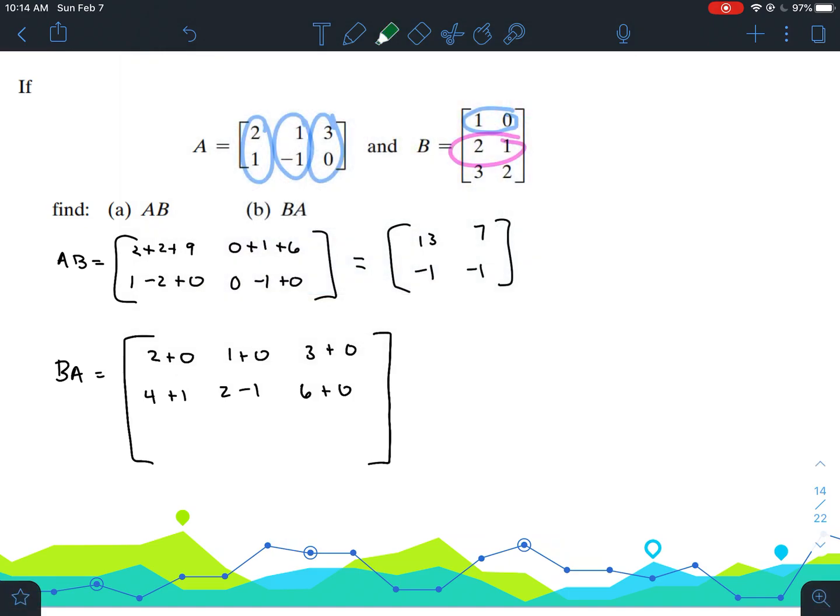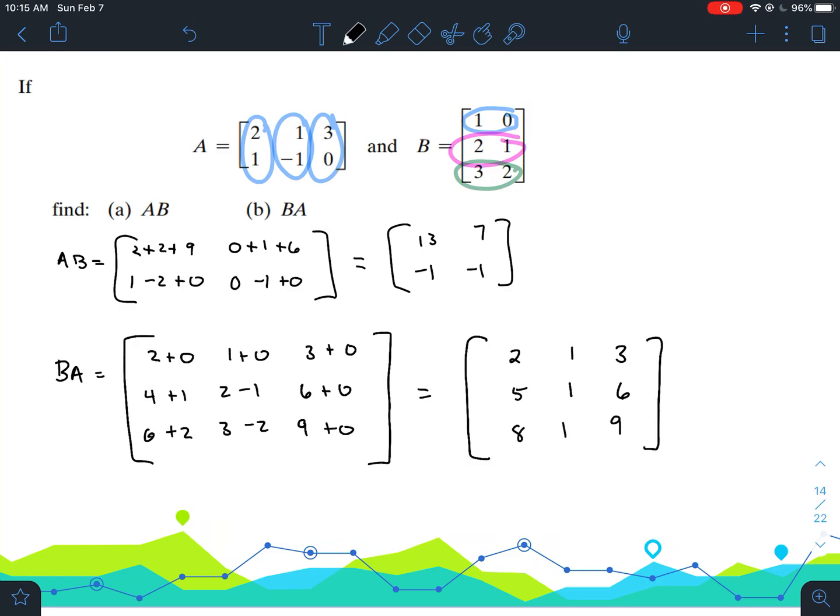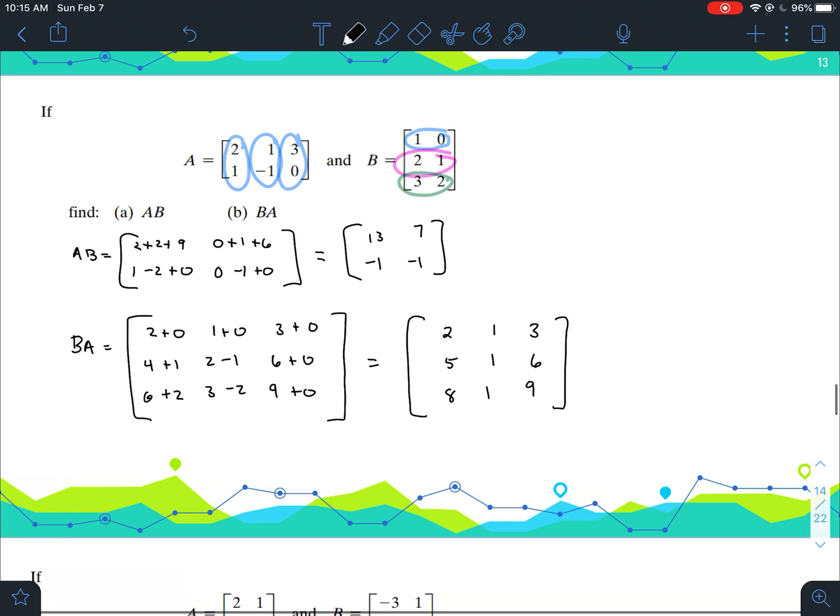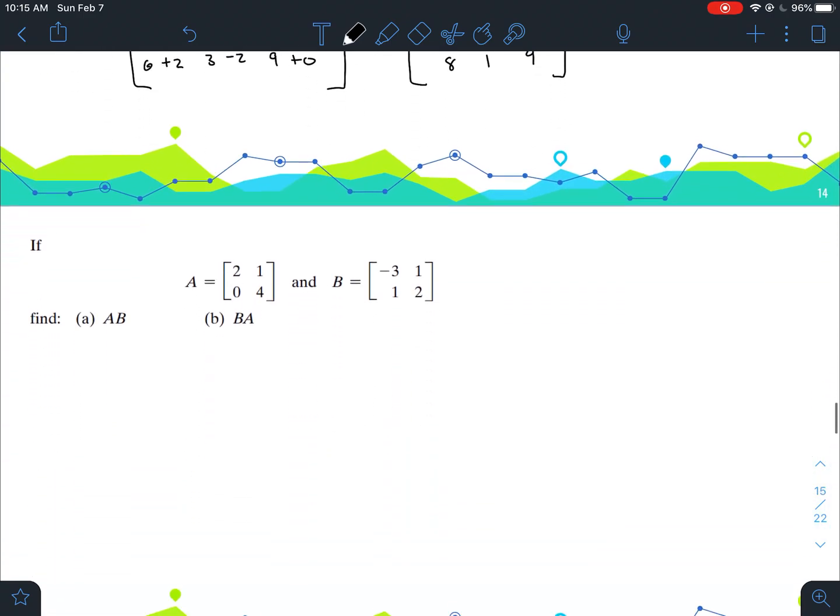And then do it with your third row of matrix B. So 3 times 2 is 6, 2 times 1 is 2, 3 times 1 is 3, 2 times negative 1 is negative 2, 3 times 3 is 9, 2 times 0 is 0. So matrix B times matrix A would be 2, 1, 3, 5, 1, 6, and then 8, 1, 9. And that is how you would do matrix multiplication.